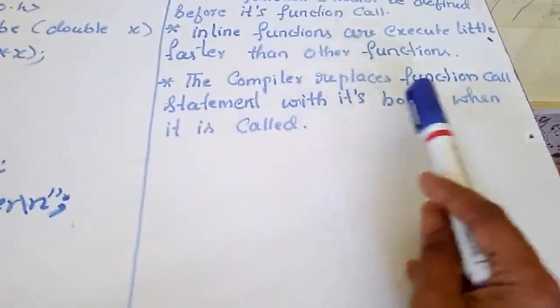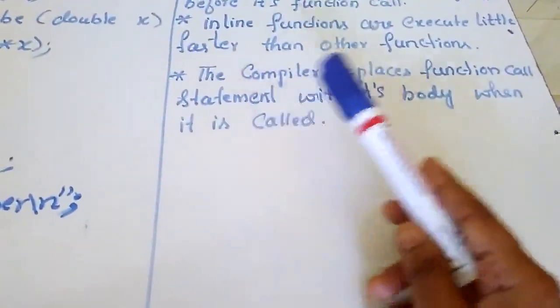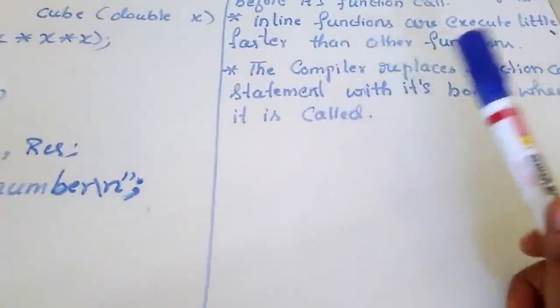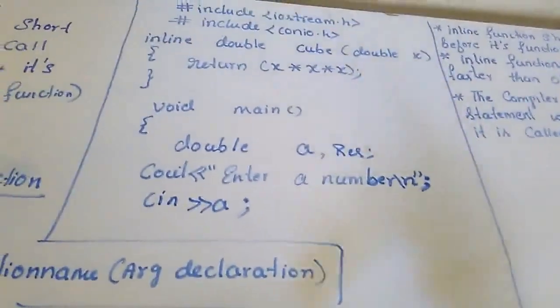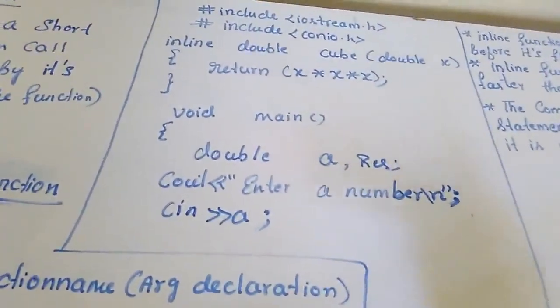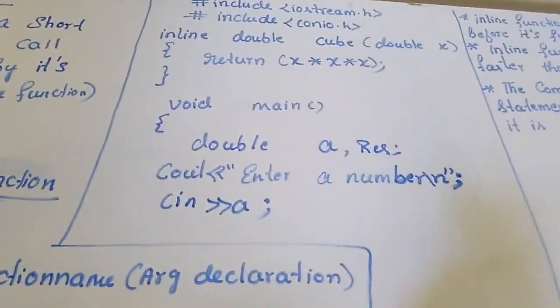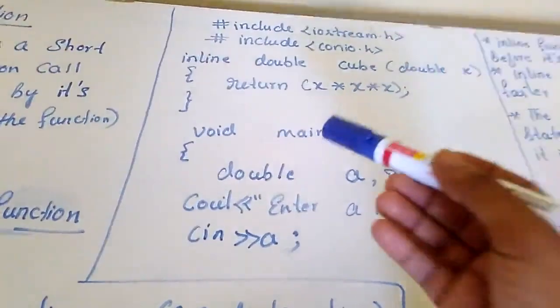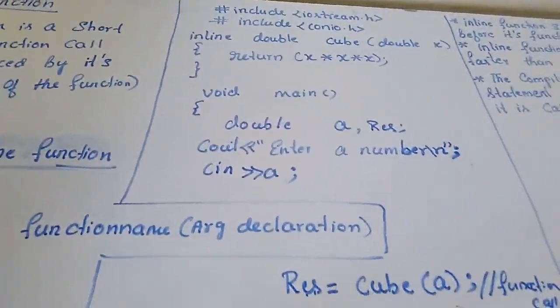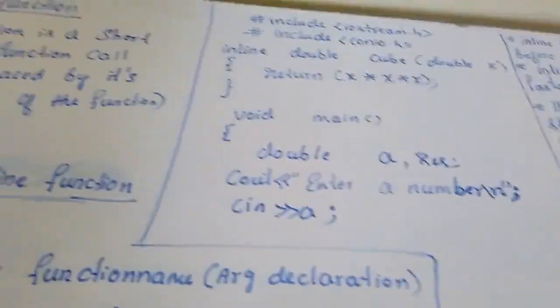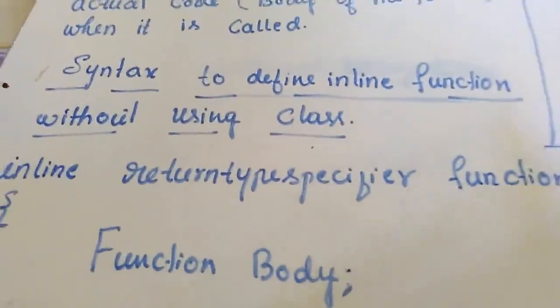The compiler replaces the function call statement with its body when it is called. The main nature of an inline function is that the function call is replaced by its actual code whenever it is invoked.